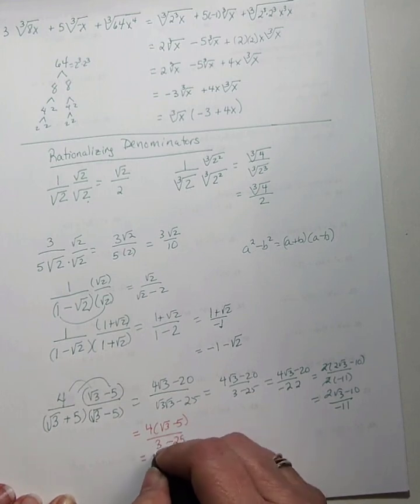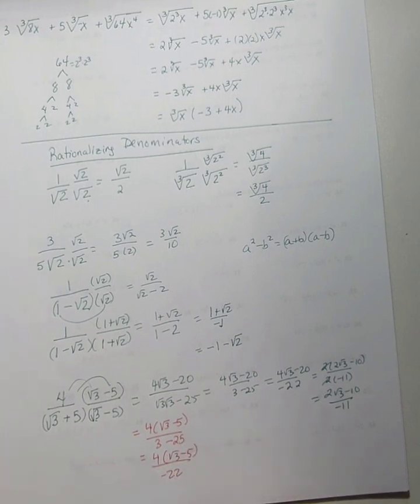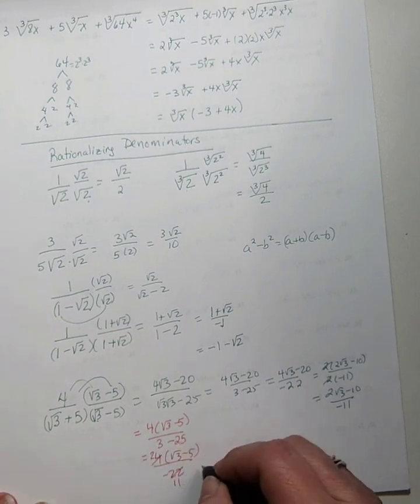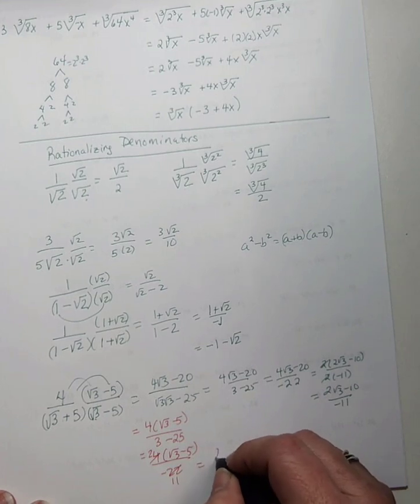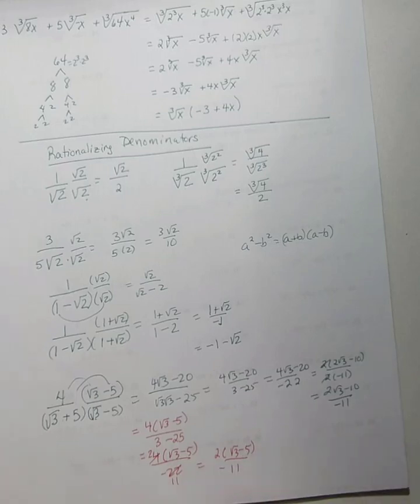This would have given me 4 square root of 3 minus 5, and over this -22, and I would have seen right there that 2 goes into there, 2 goes into here. So I would have 2 times square root of 3 minus 5 over -11. And sometimes when the numbers get big, it's really nice to see that. So I generally try not to distribute through like this. I wait until the end.